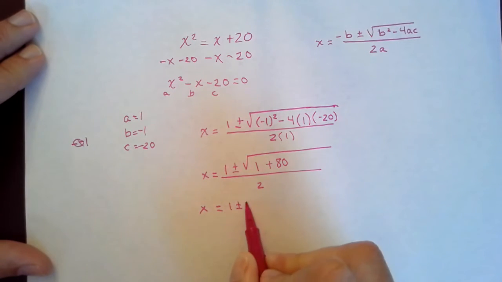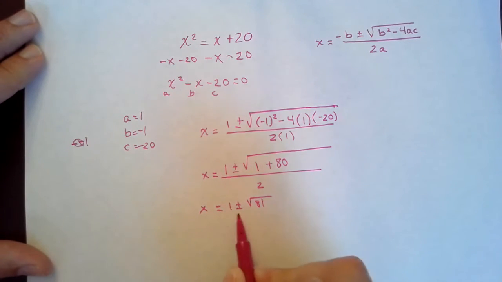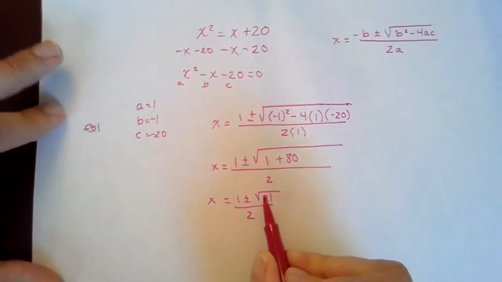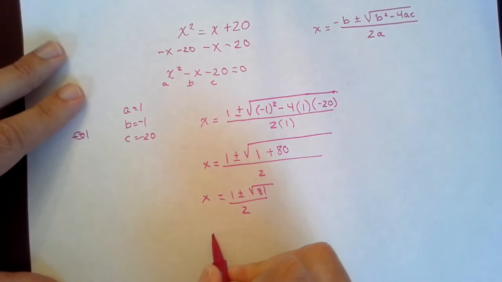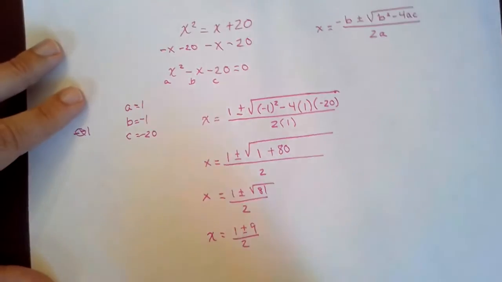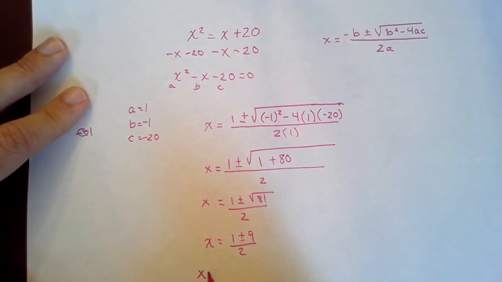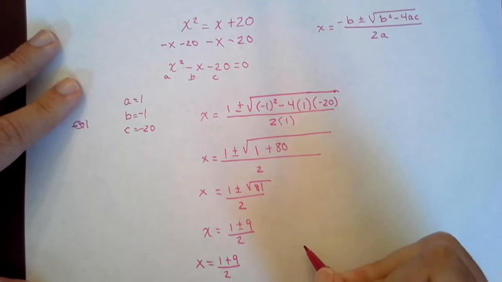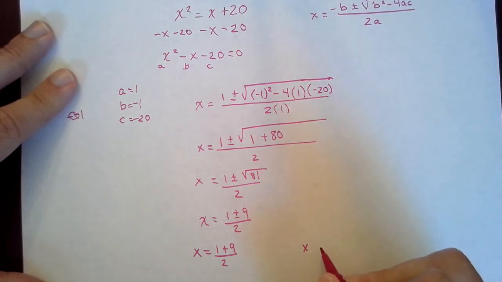And again, I can simplify this a little bit more: 1 plus or minus the square root of 81, all over 2. Oh, look, square root of 81. That's a nice number. x will equal 1 plus or minus 9 over 2. So my two equations become x equals 1 plus 9 over 2 and x equals 1 minus 9 over 2.